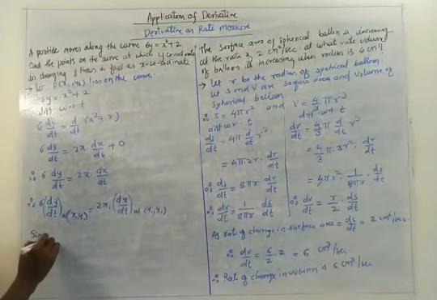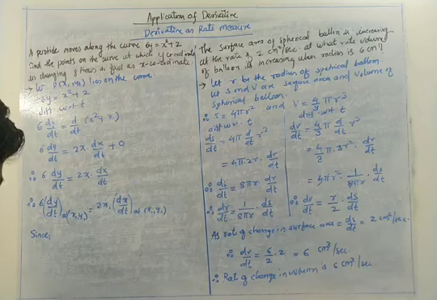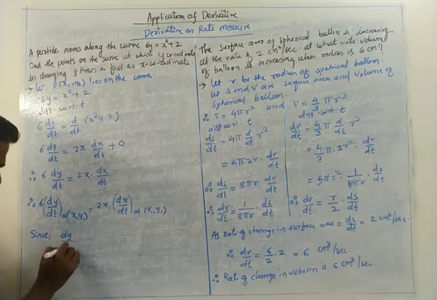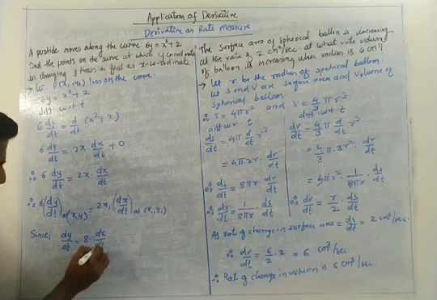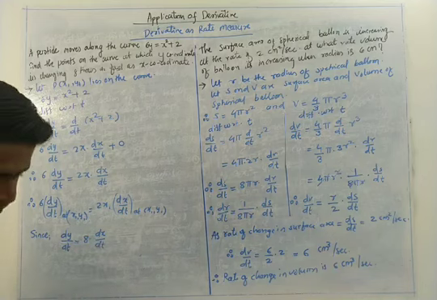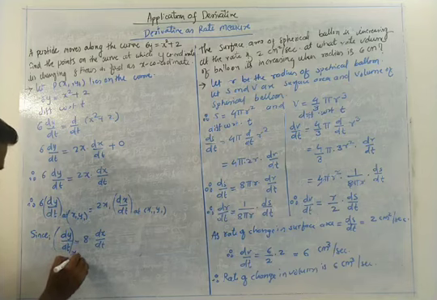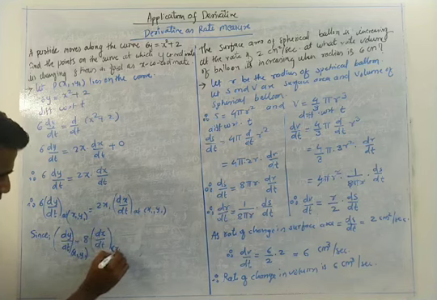Since the y coordinate is changing 8 times of the x coordinate, so dy by dt is equal to 8 times of dx by dt, but this is with respect to the point P, so at (x1, y1).